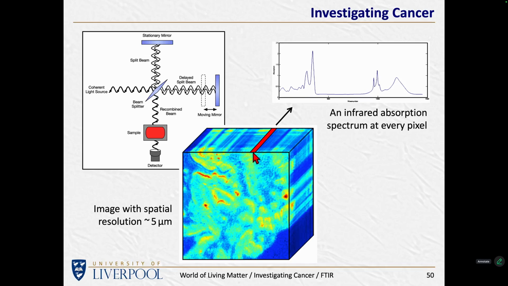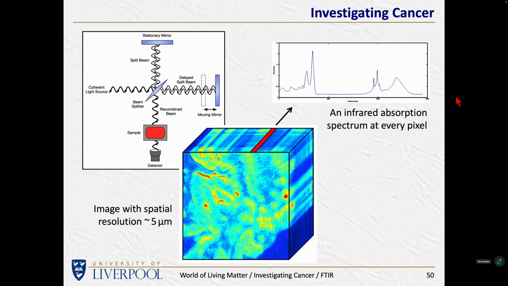Each pixel is actually an entire spectrum, as shown by this graph at the top right. It's showing us how this particular piece of tissue interacts with infrared light. Does it absorb particular wavelengths, other wavelengths perhaps not? Does it absorb these wavelengths?